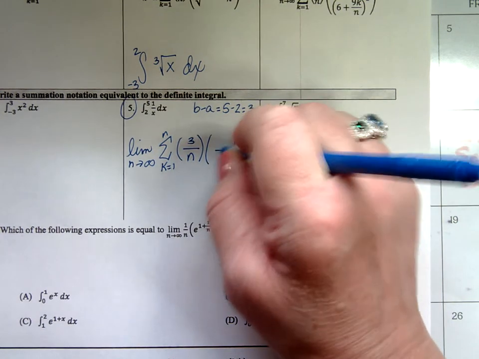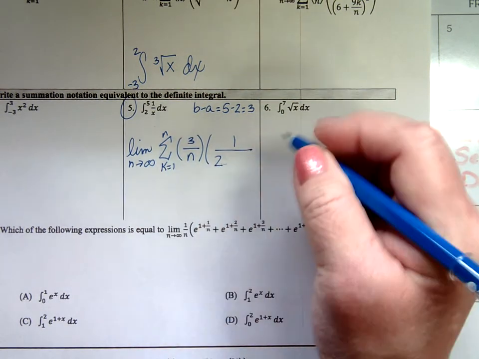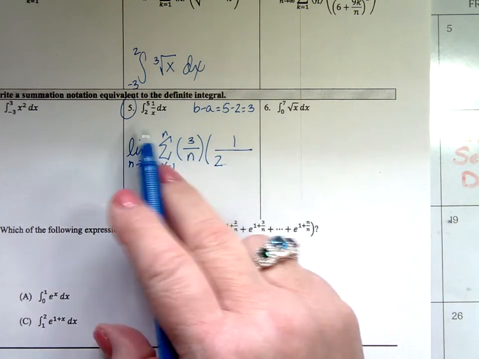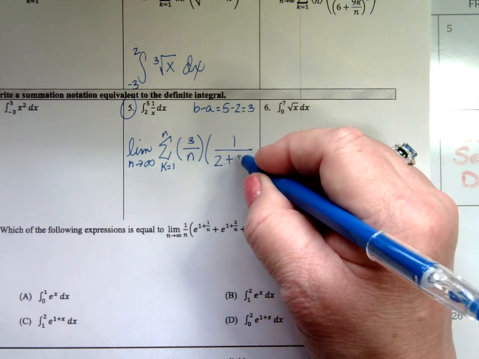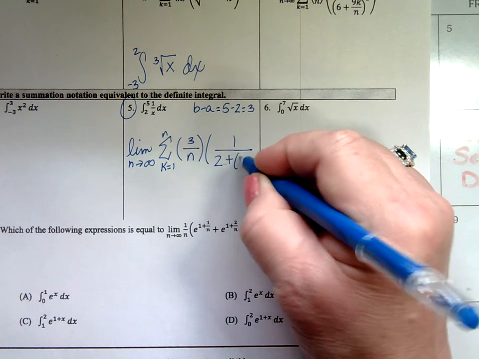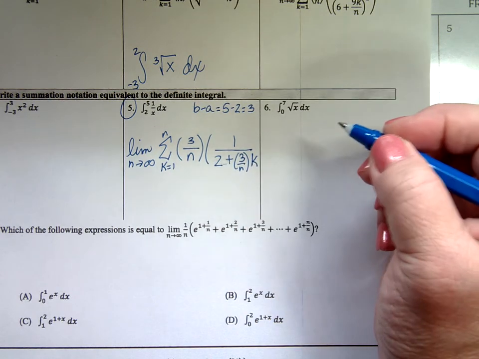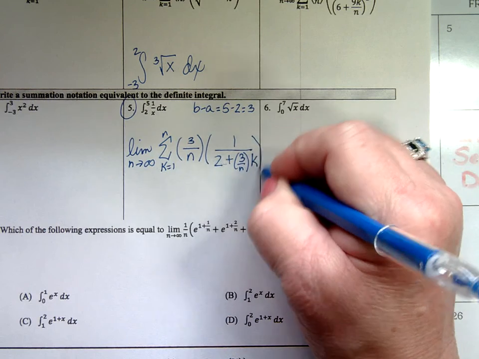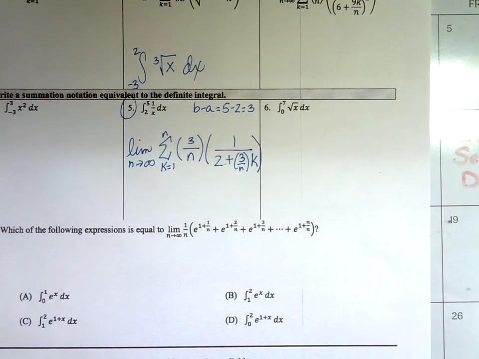My a is 2, this bottom lower limit, 2, right? And then what's happening with this thing? Then I have a plus, right? Then it's the b minus a over n. Well, that's 3 over n times k. And that's it. I'm not squaring my x, it's just the x's in the denominator. And so that's my summation notation.